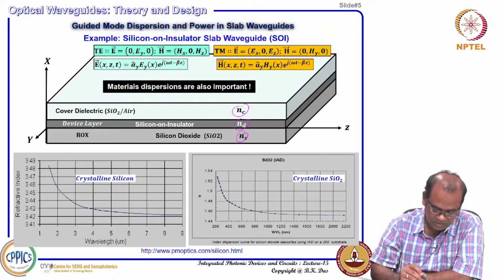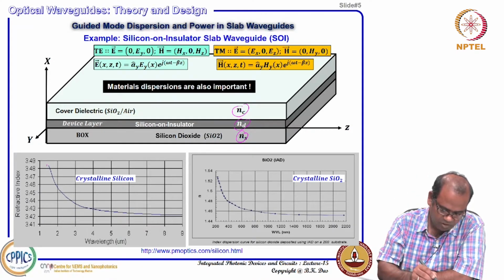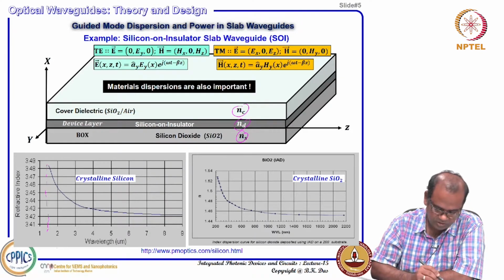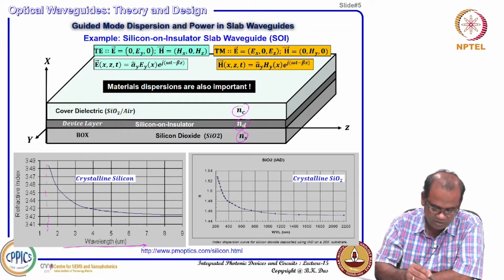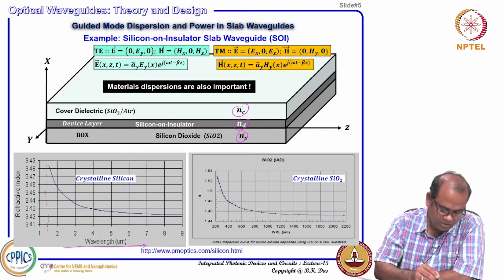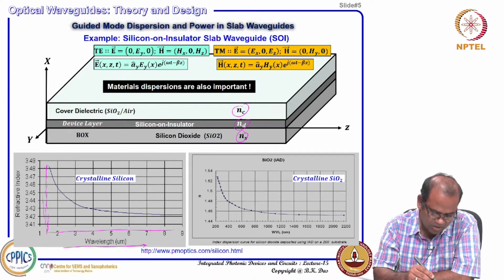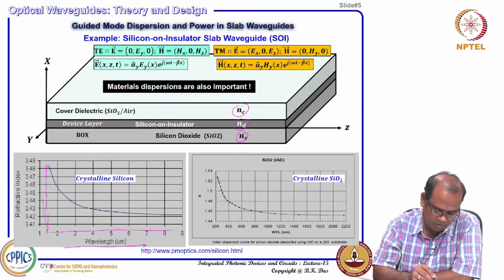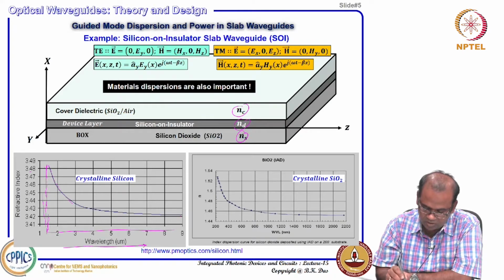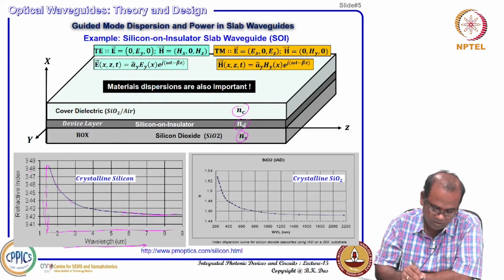If you see crystalline silicon, it is shown from 1.1 micron upward, this is the wavelength in micrometers, up to 9 micrometers. This is the refractive index; it is dropping starting from about 3.48 around 1.1. Initially at shorter wavelength the refractive index is falling, 3.48, 3.43, and then at longer wavelength it is almost stagnated, closing towards 3.45 or so.